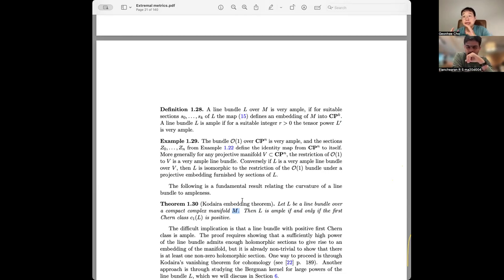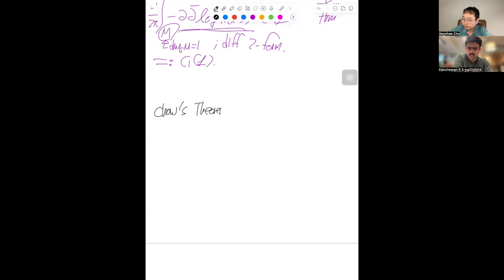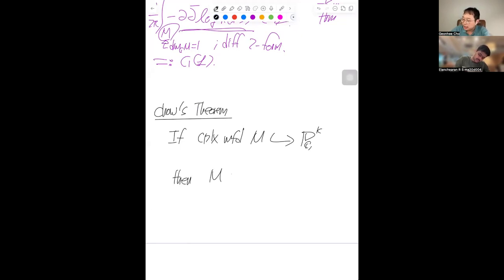That means the given complex manifold is in fact a projective manifold, meaning a closed submanifold of the projective space. Why is this condition important? Because it is important from the Chow theorem. According to the Chow theorem, if a complex manifold M is embedded into Pn, let me say Pk, then M is an algebraic variety.